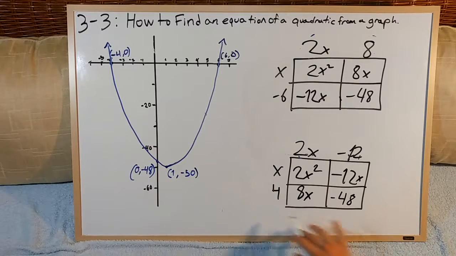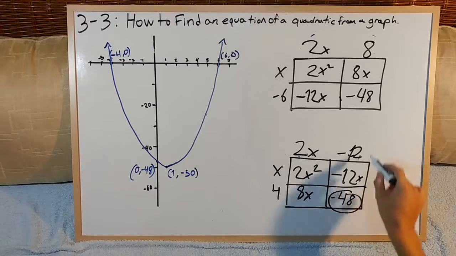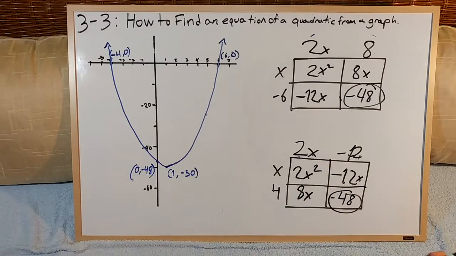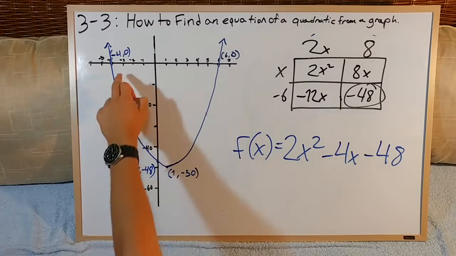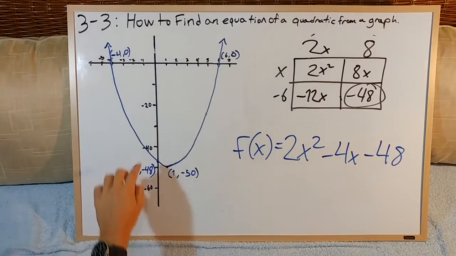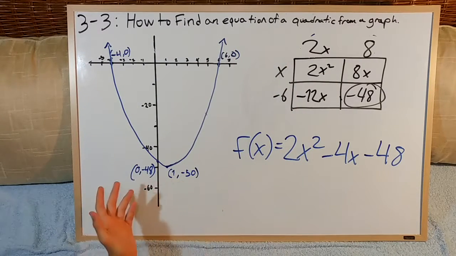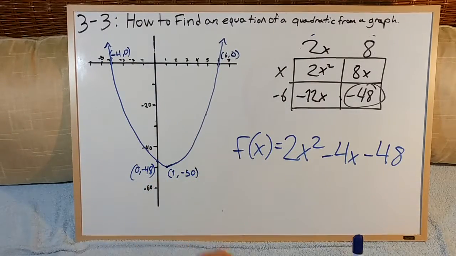If we write it out in standard form, we will see that the negative 48 here and here is the constant of the function. Now if we add it all up, we get this function. And what do we do with this function? We plug in the x values we know, like negative 4, 6, 0, and 1, and see if they give us the corresponding y values: 0, 0, negative 48, and negative 50.